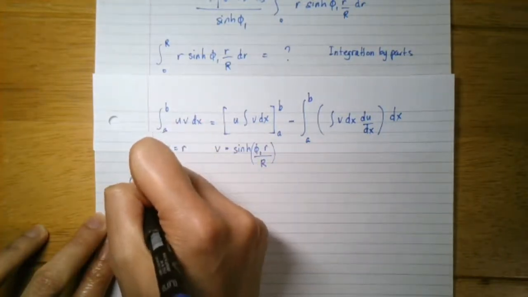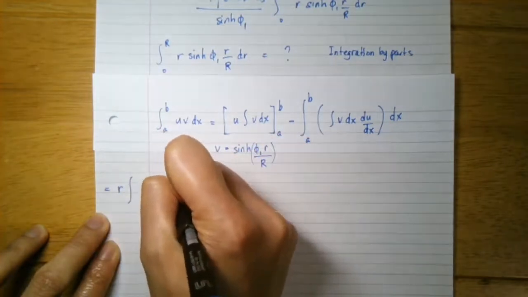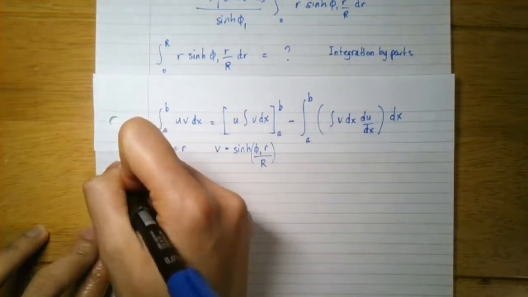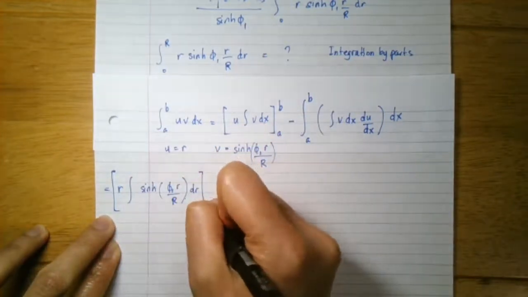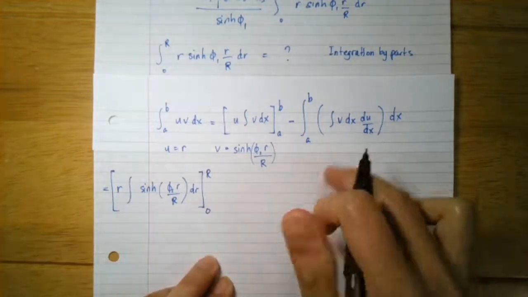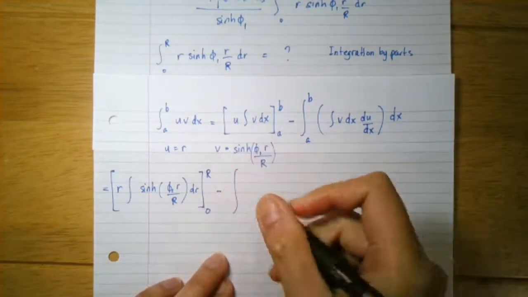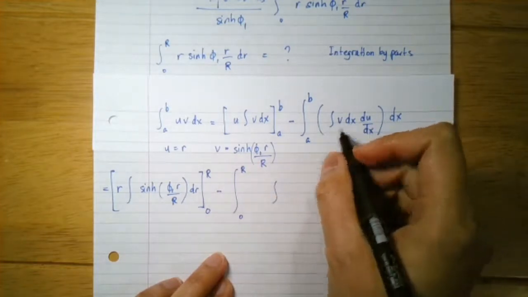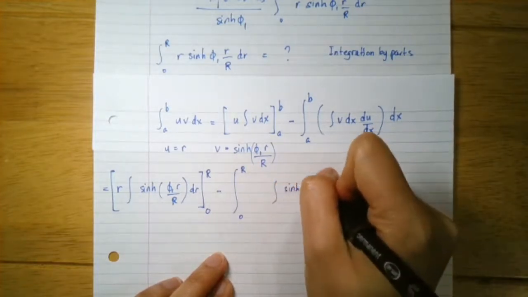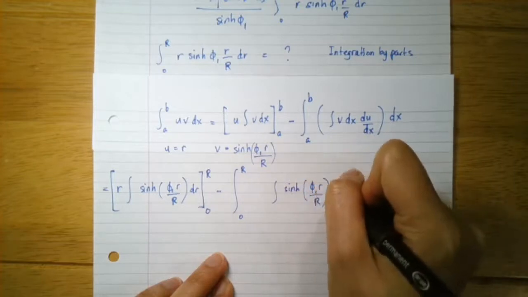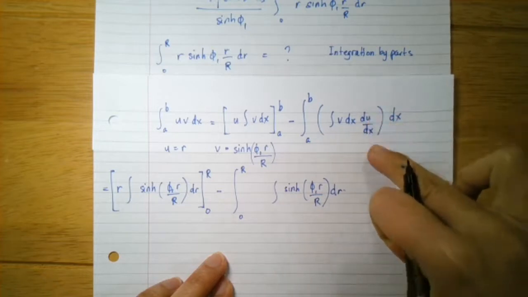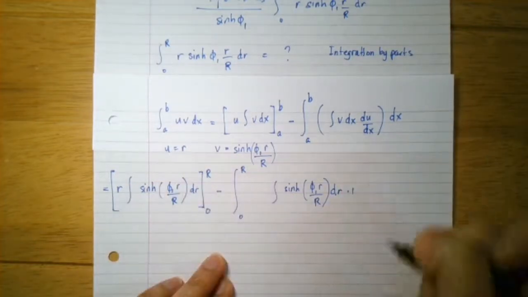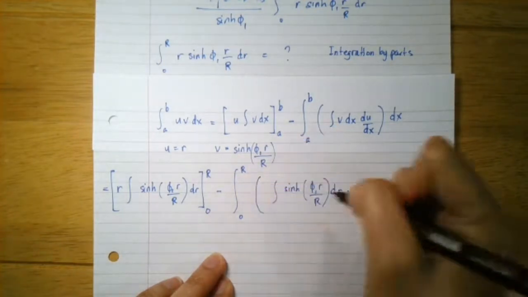Okay, so v is sinh(φ1 r/R), and dx, in our case, that's dr. And then we have to evaluate this whole thing from 0 to R. Next term, minus, we have the outside integral from 0 to R. Then we have the inner integral, that's v dx, so in our case, that's sinh(φ1 r/R) dr. And then we have du/dx, but du/dx is just 1, so just times 1.